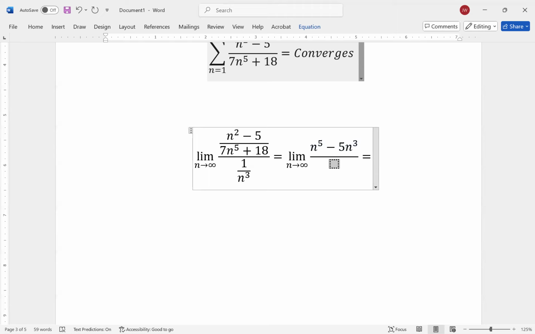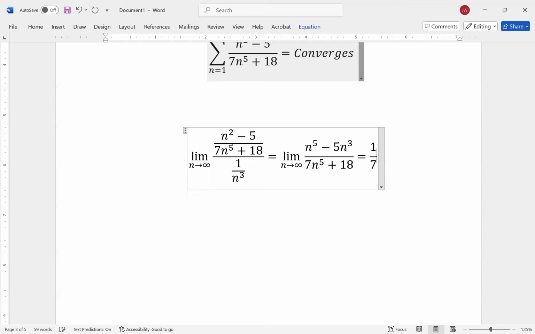And in the denominator, I would get 7n to the fifth plus 18, which is polynomial over polynomial of the same degree. Therefore, I can pull off the coefficients. As n goes to infinity, that ratio goes to 1/7.